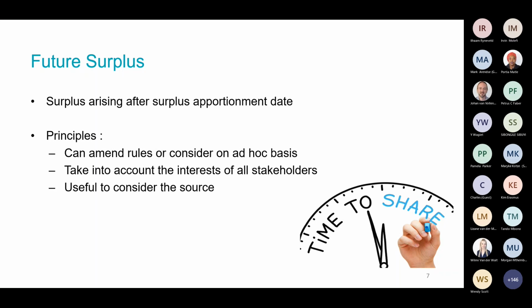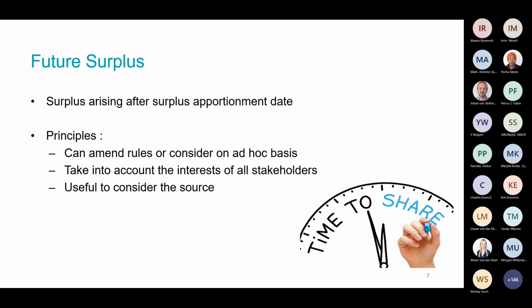Now, when the board of the fund has to think of how to apportion these monies, Section 15C of the Act gives some high-level principles, if I can call it that, that the board can take into account.